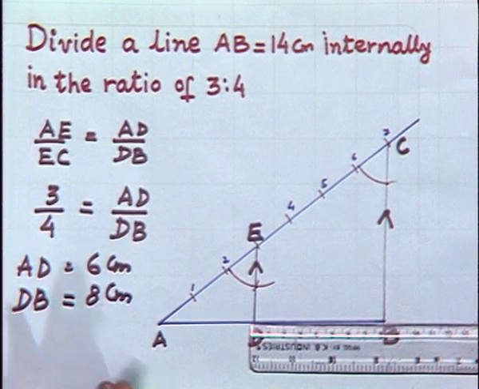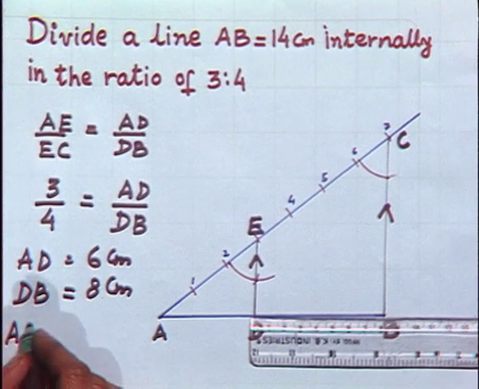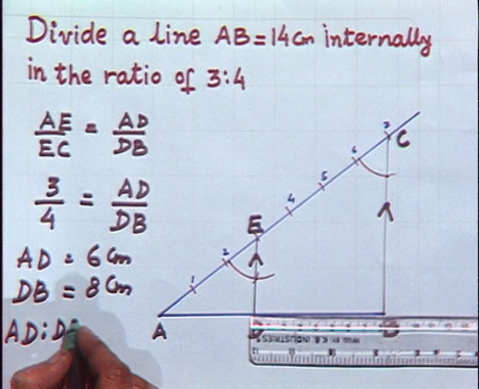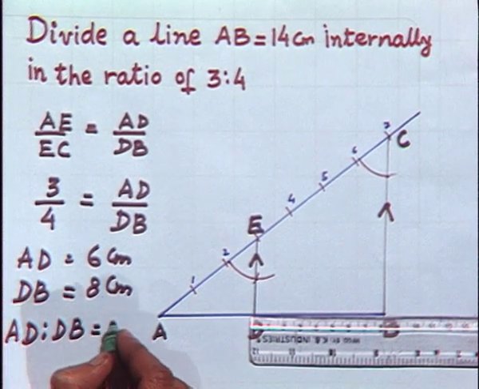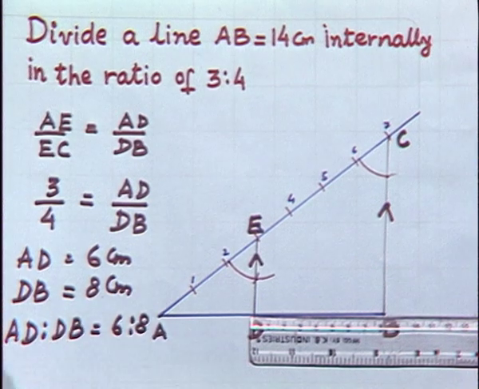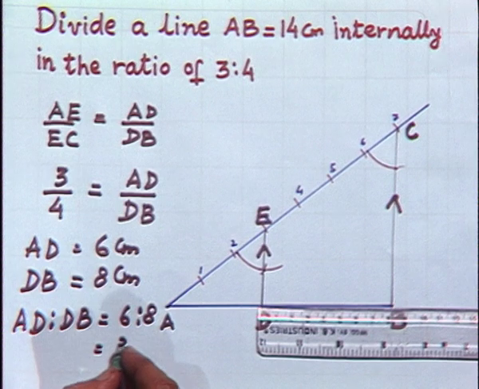Taking the ratio of these two lengths, AD is to DB, that is equal to 6 is to 8, which on simplification gives us 3 is to 4.